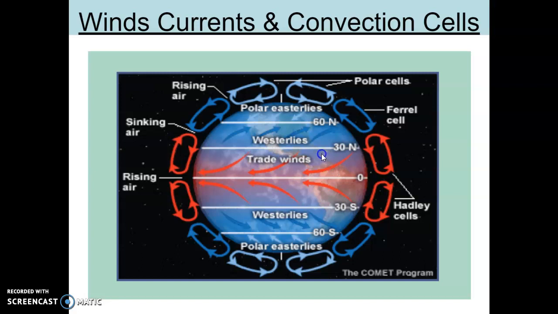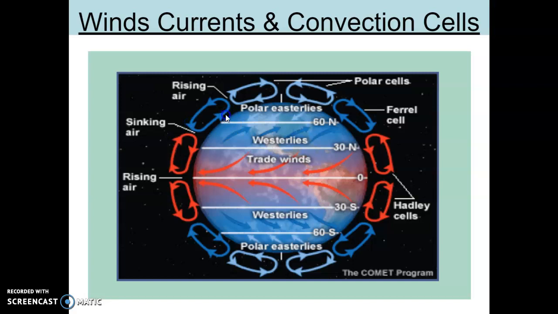Now, the next ones, closer to where we live, are within the Ferrel cell. In the Ferrel cell, the rising air actually occurs closer up to the poles. As it rises up toward the poles, part of it comes back down toward a little bit lower latitude, right?